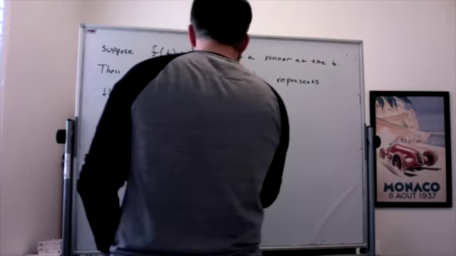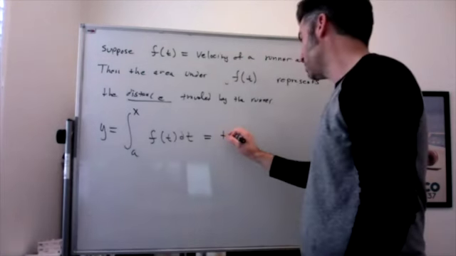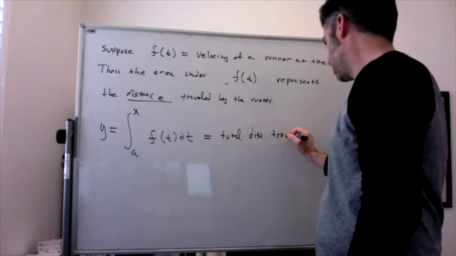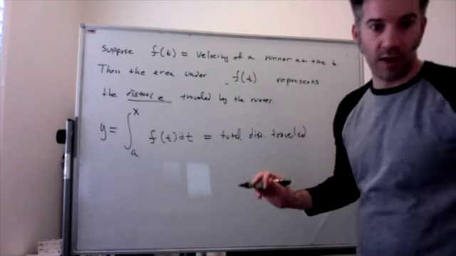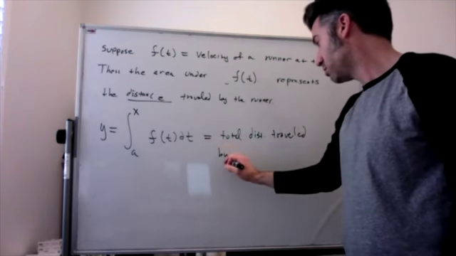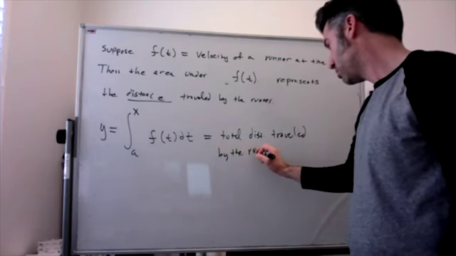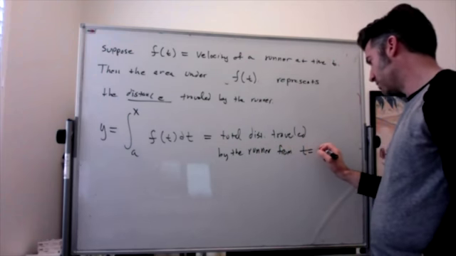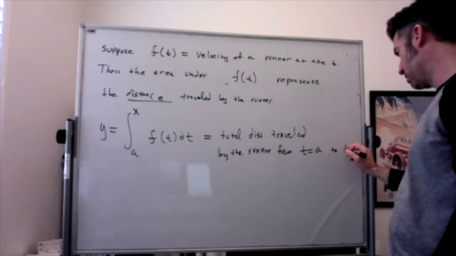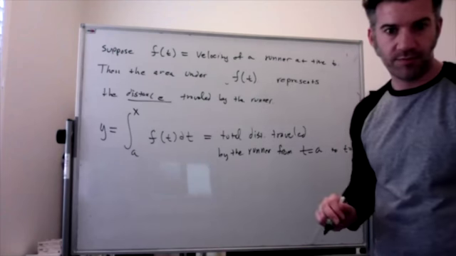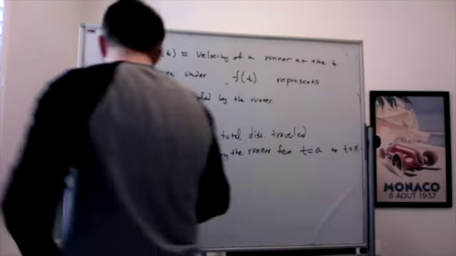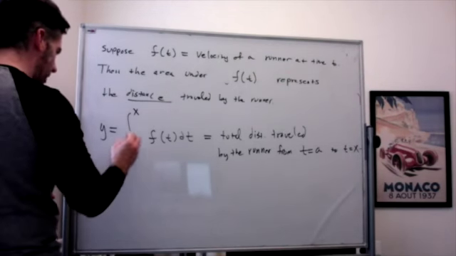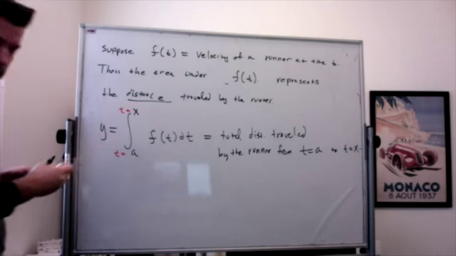This is just the total distance traveled by the runner from time equals a seconds to time equals x seconds.